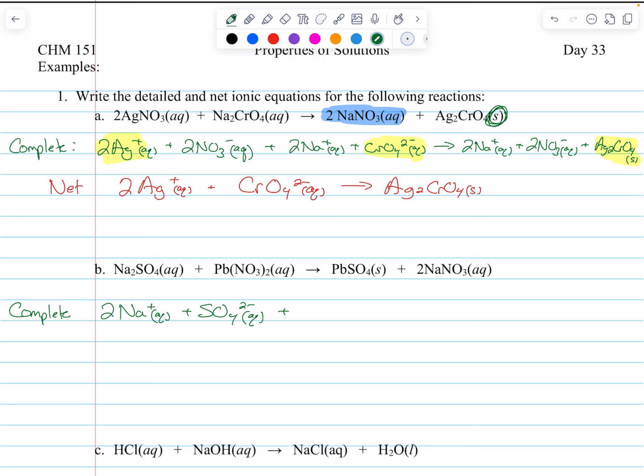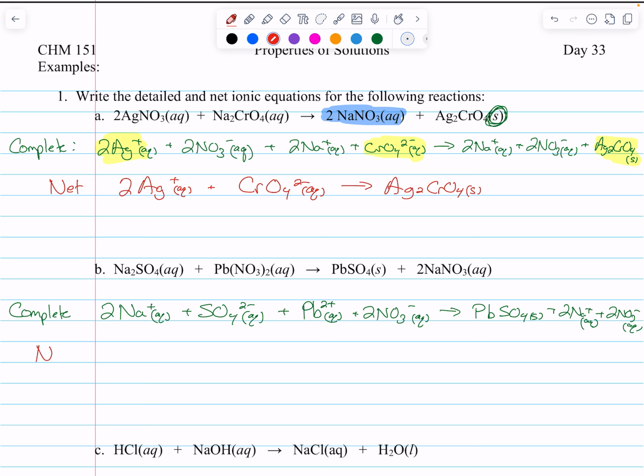That's a good skill to have, and if this is the only chem class, it's tough. I apologize, but it's an important skill. So we got Pb2 plus, 2NO3 minus. And then we get lead 2 sulfate, which is a solid, 2Na plus, 2NO3 minus. If I put that right in, I would be wrong because I did not have AQ here and AQ there. Make sure we have all those state symbols. I know it's tedious, but that's just how it is.